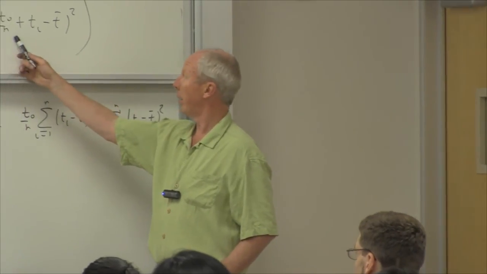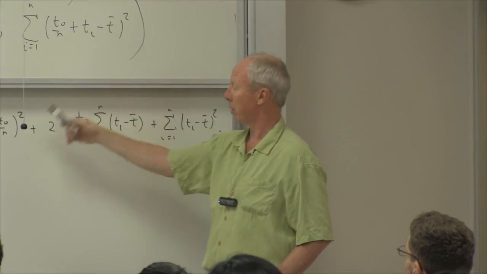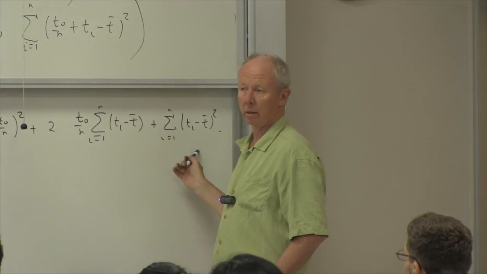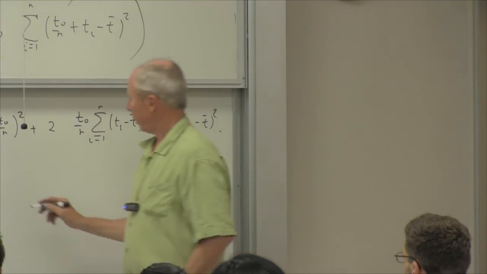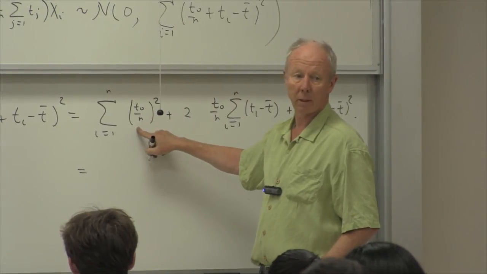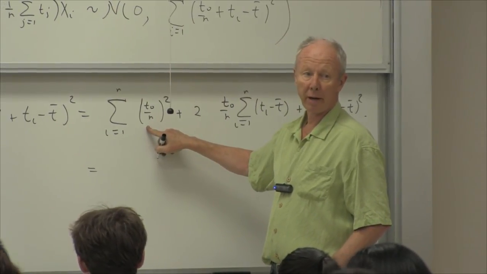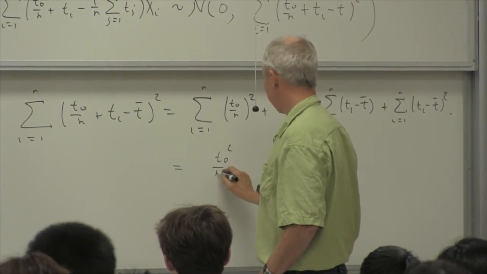If you have (a plus b) squared, it's a squared plus 2ab plus b squared. So I just did that. Now what's the first term here? All of these are the same, so I just multiply this by n. That would be t naught squared over n.